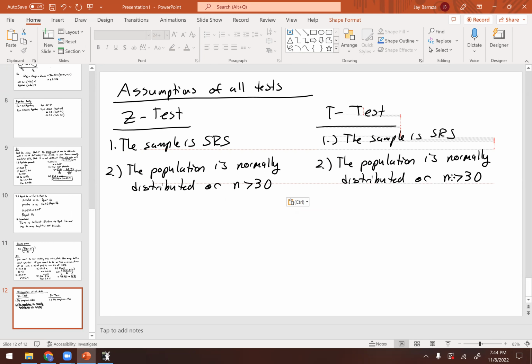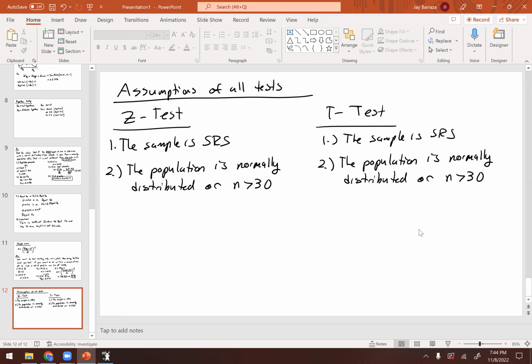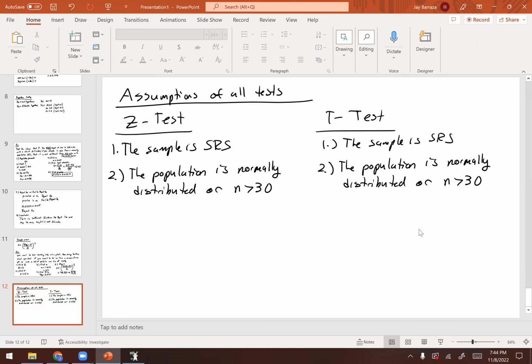Number two for this one, the population is normally distributed or n is greater than 30. They really are the same. The only thing that's different is number three. Sigma is known for Z. Sigma is unknown for T. Okay, that's it. Sample is a simple random sample.